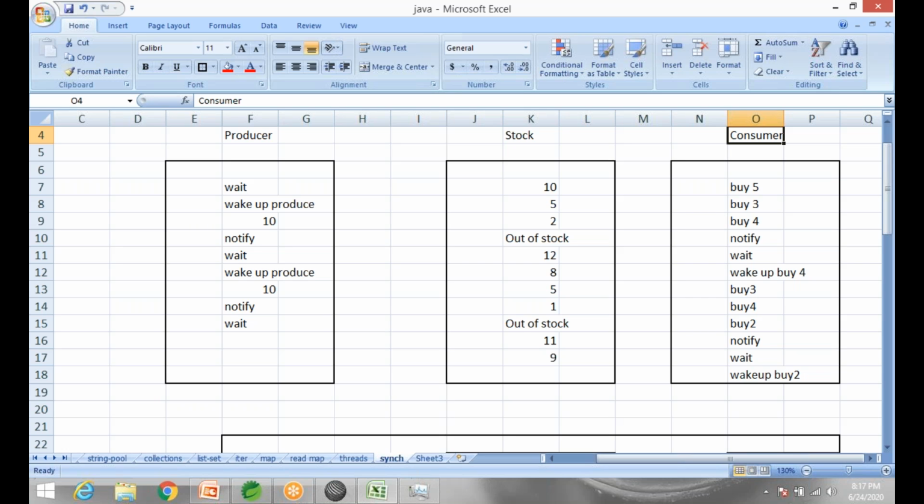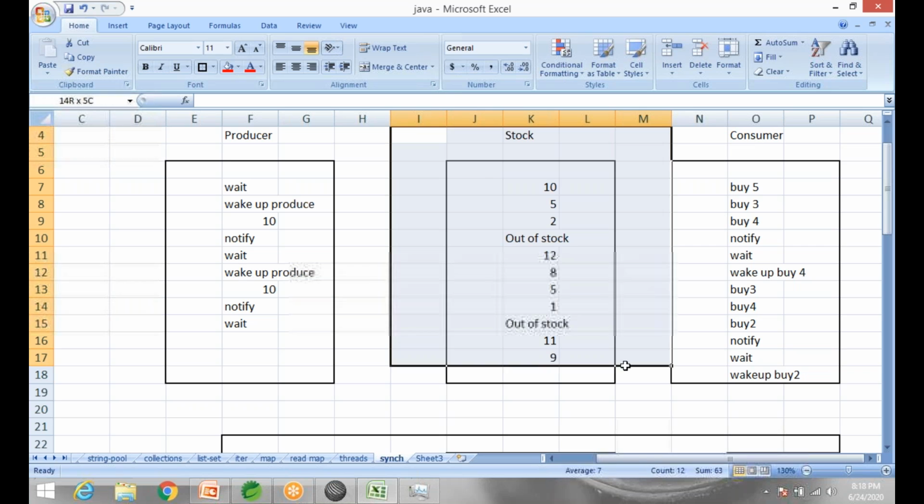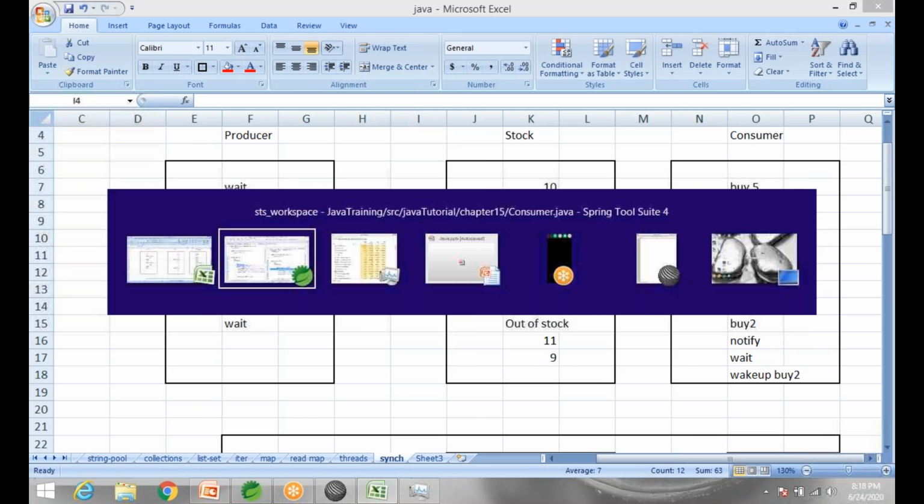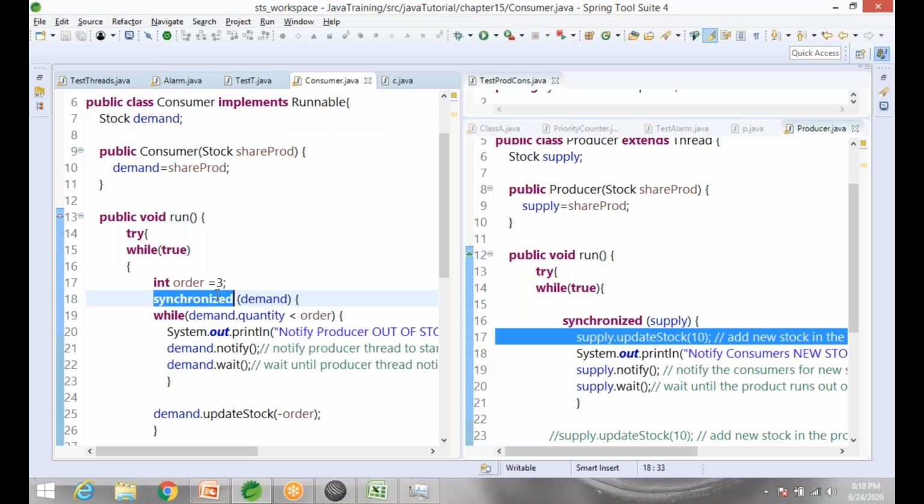Yes. You have to synchronize your actions on the shared object. Every time producer produces, you want all the other people who are waiting for a new video to be uploaded or new iPhone to be ordered, they all get notified. So you are basically synchronizing on this common topic, which is stock. And hence, here I say synchronized demand.